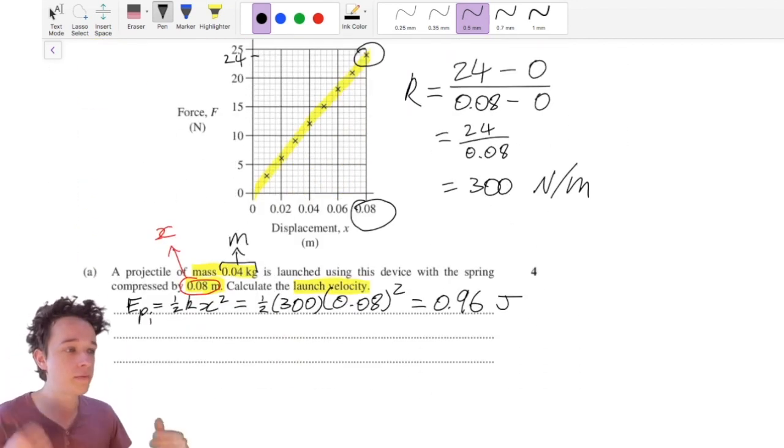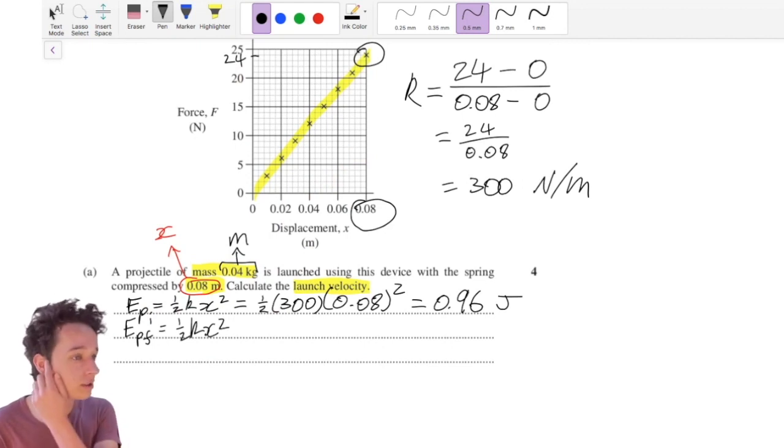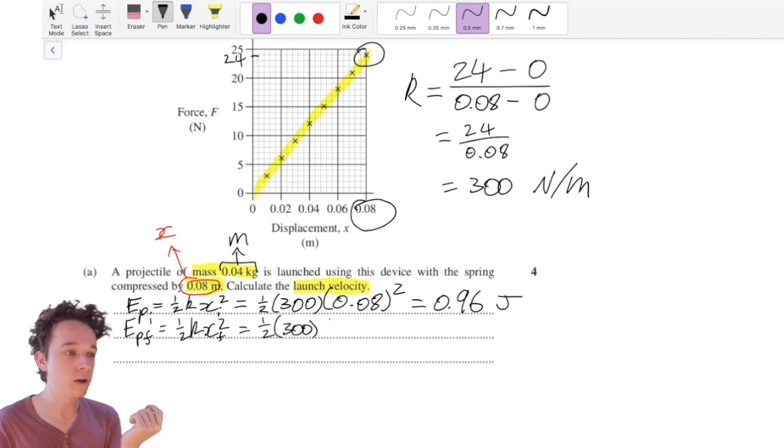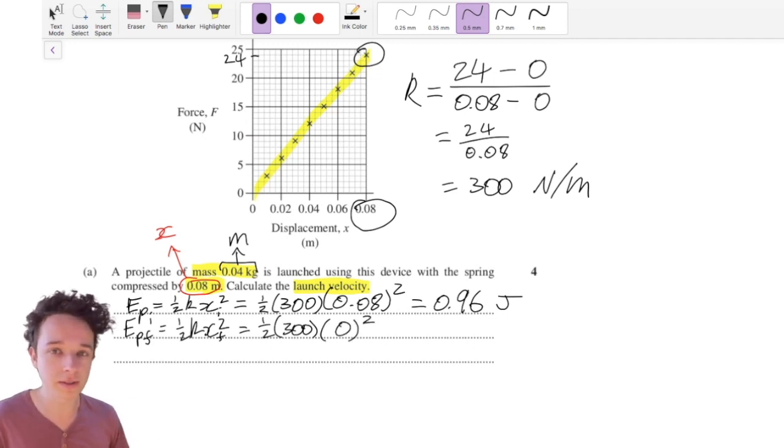So we'd have a final potential energy, again equal to half kx squared. Maybe you can consider x as x initial and x final if you wanted to. Then this would be half multiplied by 300 multiplied by 0 squared, because there is no displacement, since the spring has returned to its uncompressed length. And so this would just be 0.